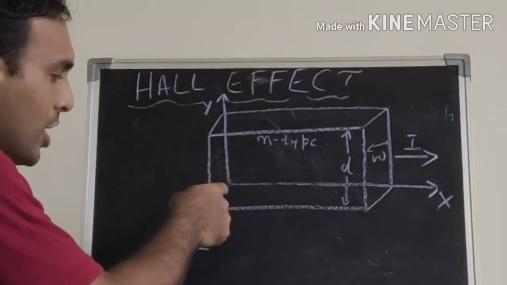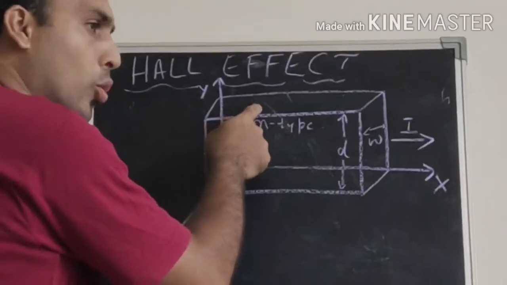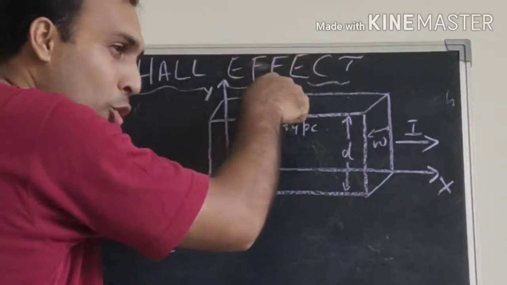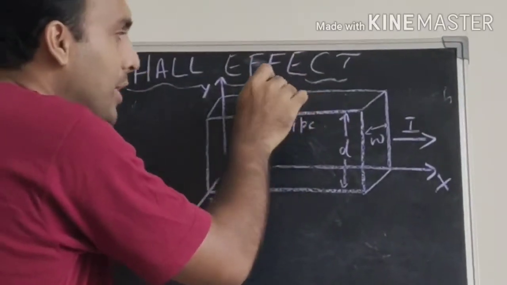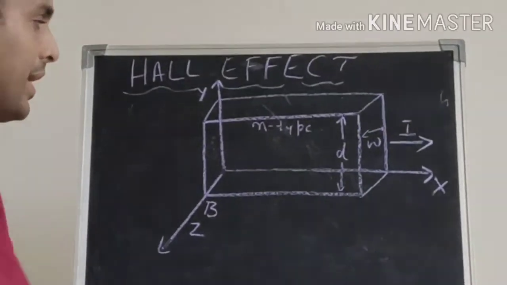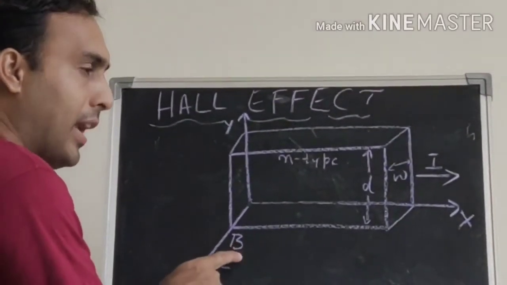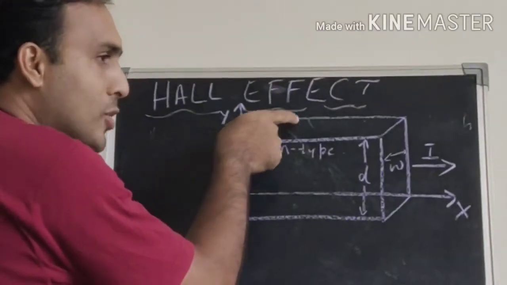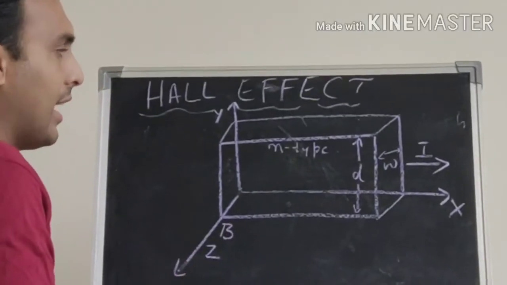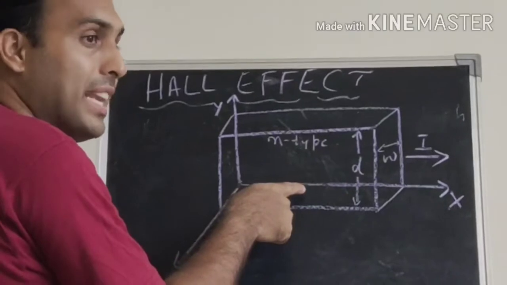Due to the application of magnetic field B, the charge carriers move in a downward direction, from the upper end towards the lower end. Here the majority charge carriers are the electrons, so the holes can be neglected.